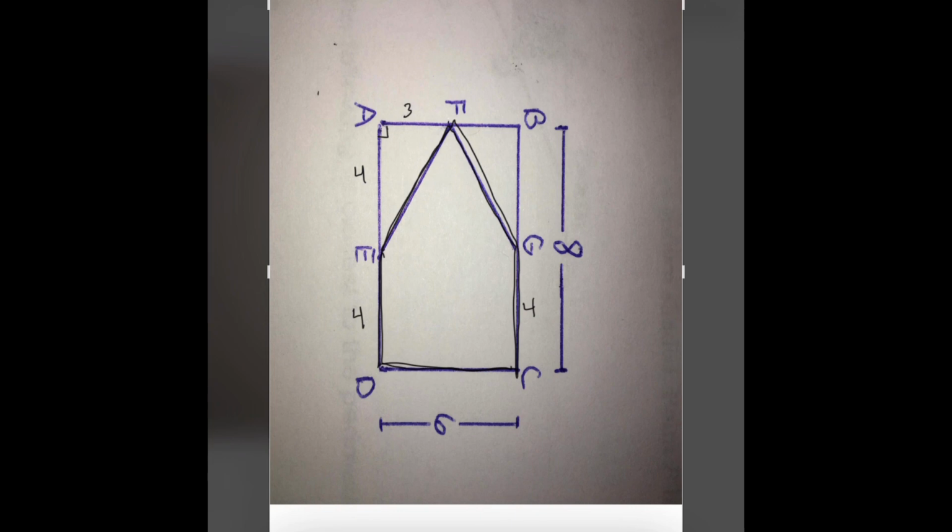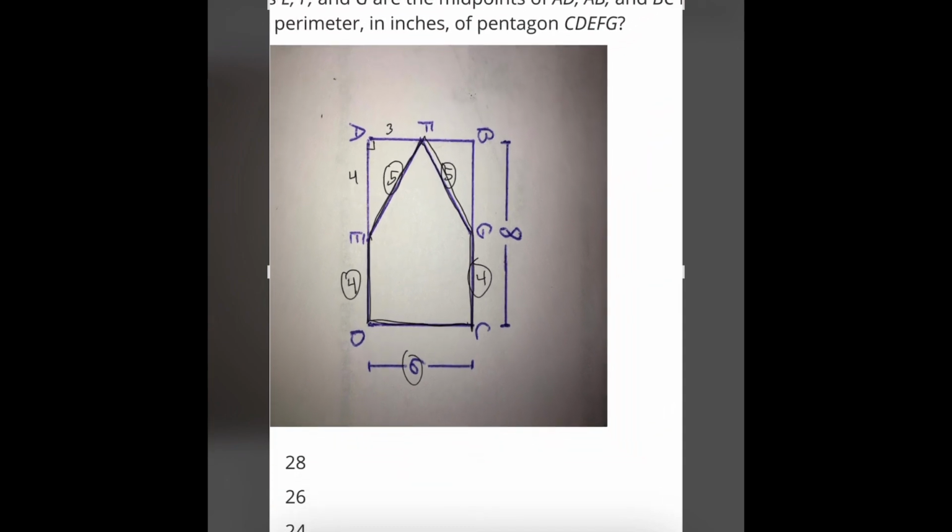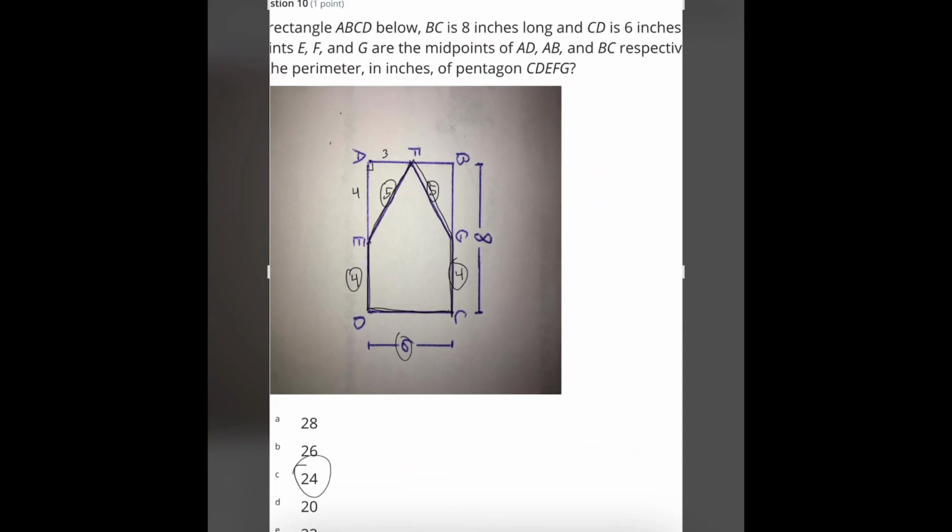So this is a 3, 4, 5. So perimeter of that pentagon, add the 5, 4, 6, 4, and 5. And that's going to give me 24. Okay.